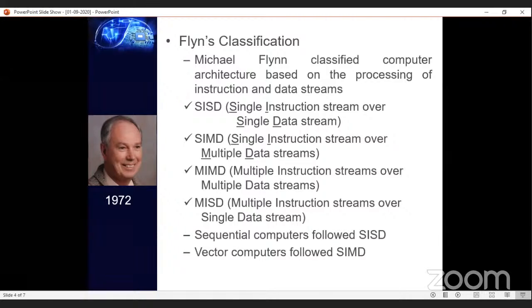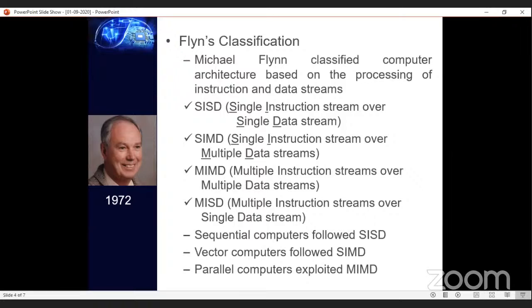SISD. Vector computers, special computers which execute the same type of instruction or process the same type of data, are following which one? SIMD. And importantly, parallel computers, that means the computers that we are expecting, exploit the MIMD architecture, multiple instruction streams over multiple data streams.